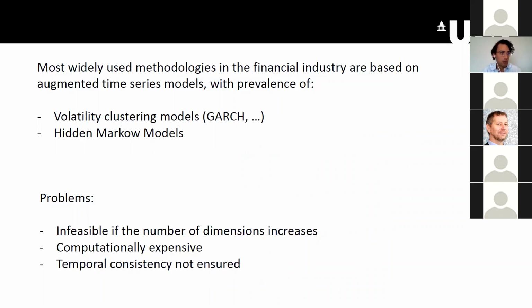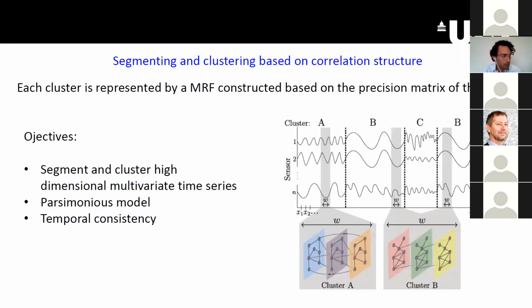So our goal here was to try to understand these states, these temporal clusters in financial time series, using the multidimensionality of the problem. To do that, we introduced this novel model that we call EEC.